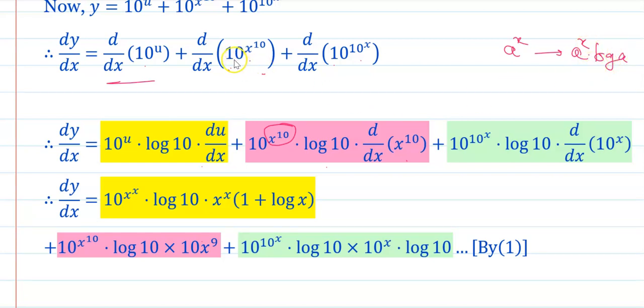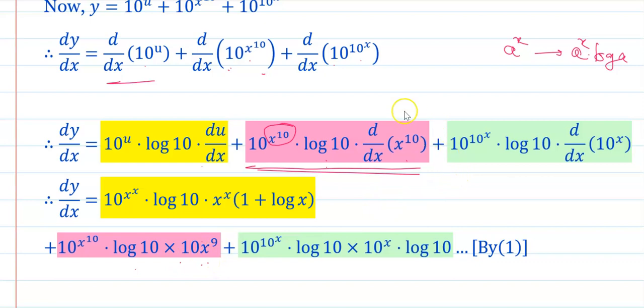Similarly, the derivative of 10 raised to x raised to 10 is 10 raised to x raised to 10 into log 10 into the derivative of x raised to 10. Here it is not x but x raised to 10; the derivative of x is 1 so we don't write it, but here we multiply by the derivative of x raised to 10, which is 10 into x raised to 9. So overall, the derivative is 10 raised to x raised to 10 into log 10 into 10 x raised to 9.